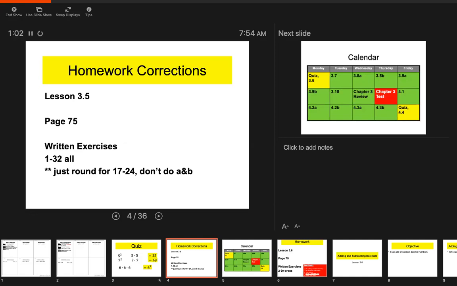All right, here we go. I'm going to just do the evens. So 2 through 32, I'll call out the answers. Where are my answers? Here we go. Number 2, 614 million. Number 4, 600 million. Number 6, 613,573,000.